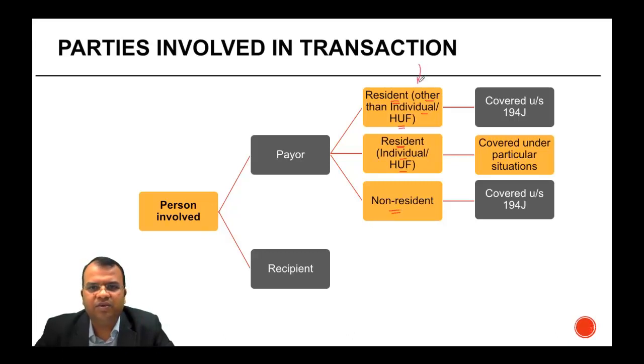If the payer is a resident other than an individual or HUF, which means, suppose a limited liability partnership is making payment, or a company, or a partnership firm, anyone other than an individual or HUF, they are covered under section 194J.